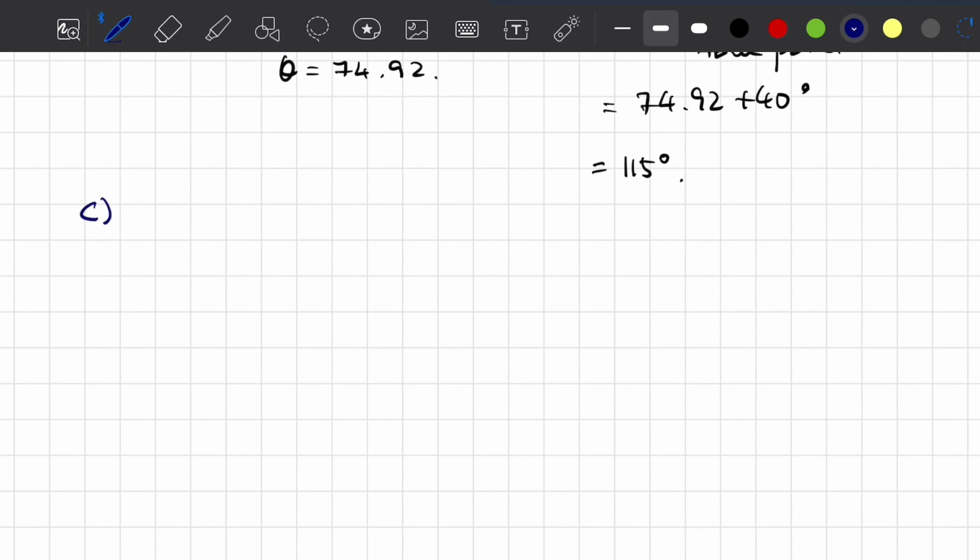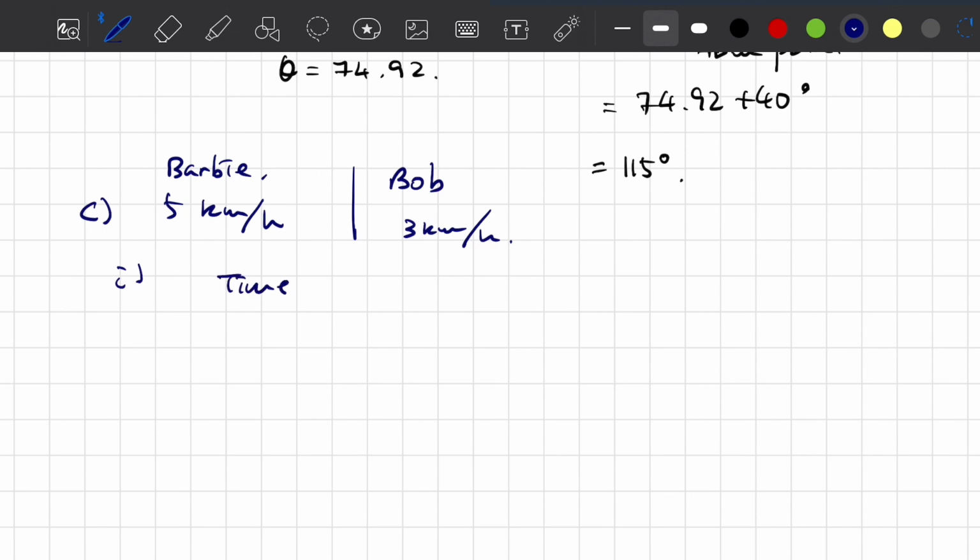Then let's calculate question C. Question C says that Barbie hikes at 5 km per hour, and Bob hikes at 3 km per hour. We need to identify who will arrive at the campsite first. We know that time is equal to distance over speed.